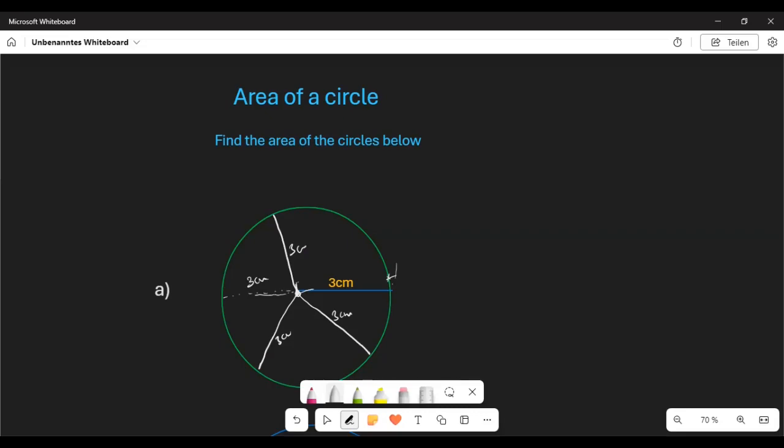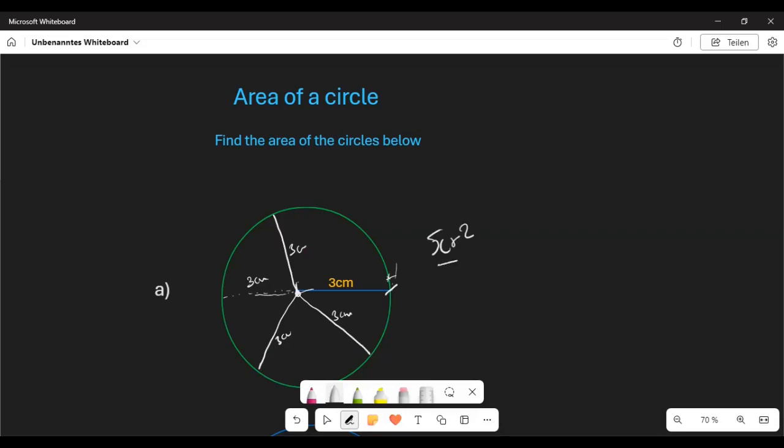Now we're supposed to find an area. We have the radius, and the formula for finding the area of a circle is always pi r squared.